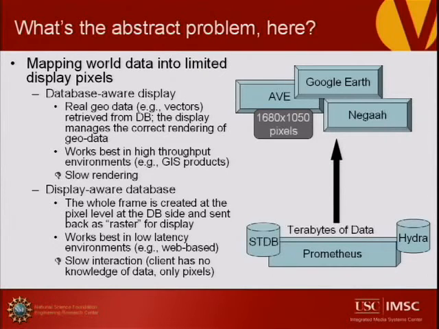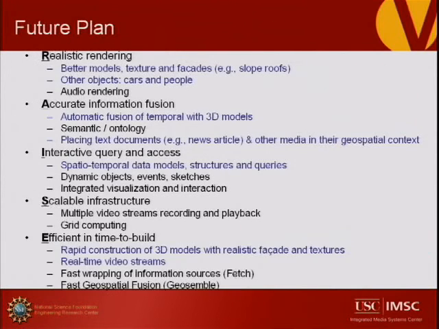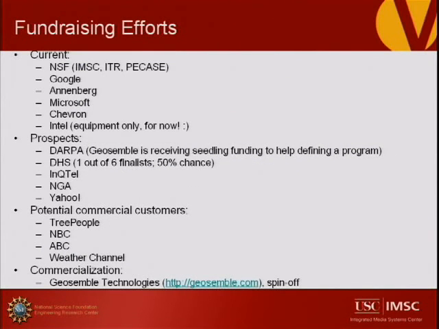Most of the web-based systems build each frame at the storage and send it out. Or the GIS products do the other way around. They send everything to the client, and the client decides what to show and what not to show. And we think there is a hybrid between these 2. This is our main research problem that we are looking into.